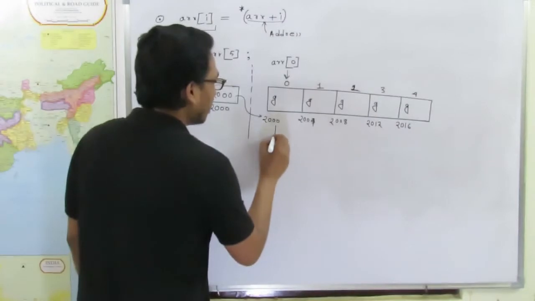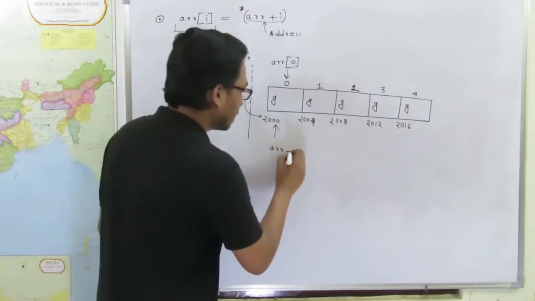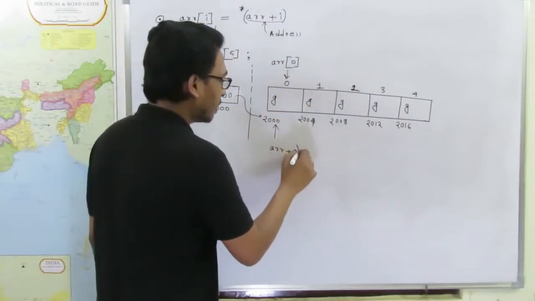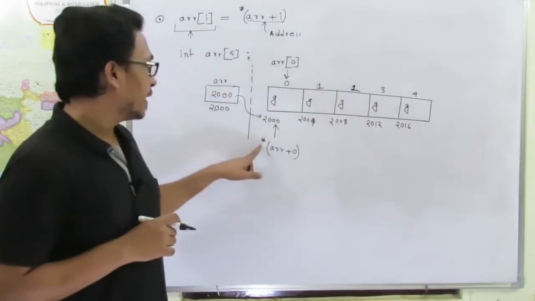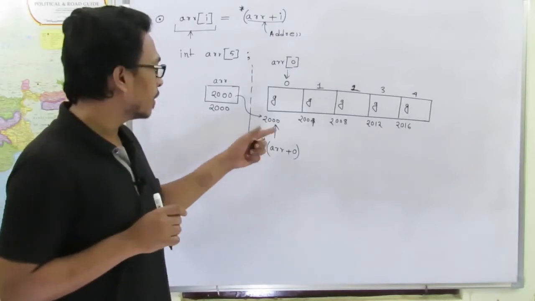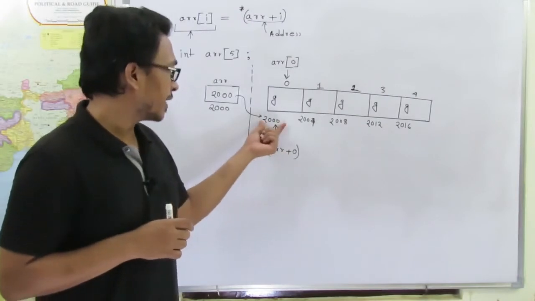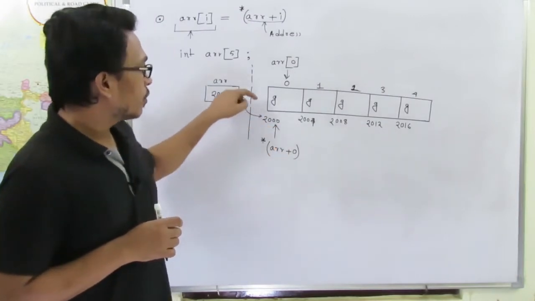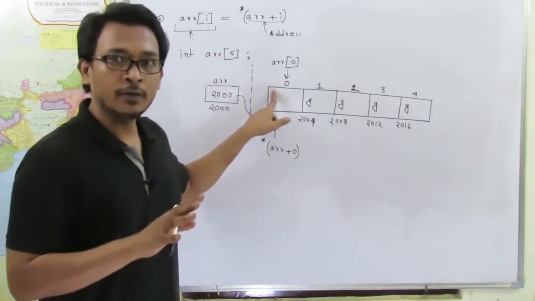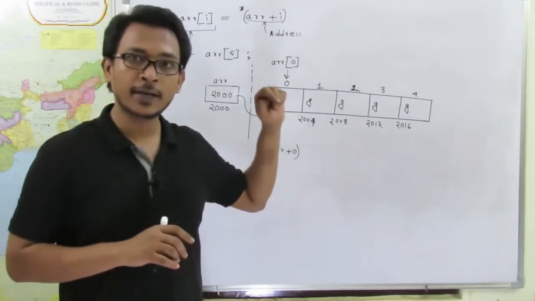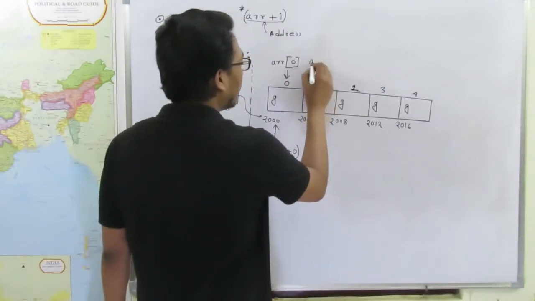The instruction will be ARR, that is our array name, plus 0 as our index. After that we need to use the indirection operator. Why? Because with the help of this pointer arithmetic, we will reach this particular address. After this address we need to enter inside the block from where we will get the value of this particular element. Clear?